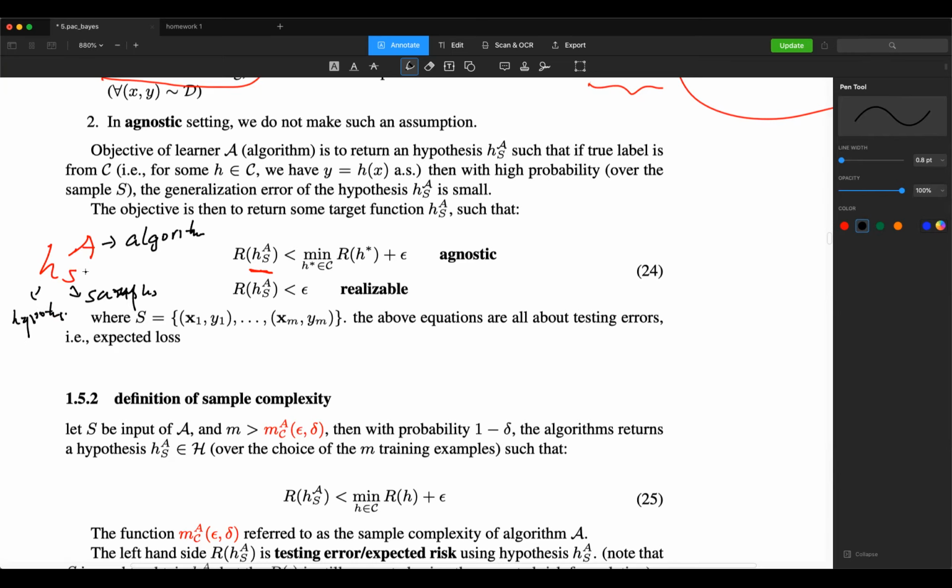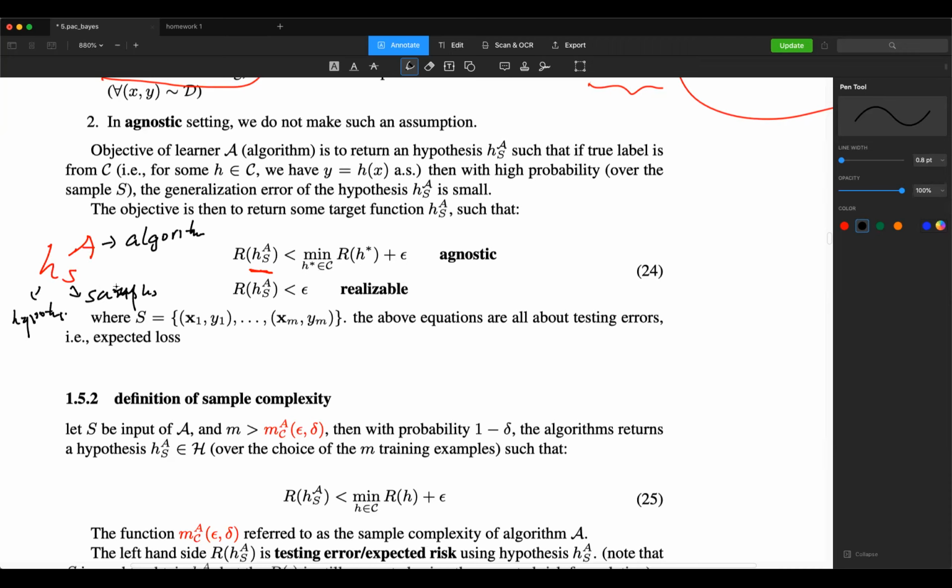We just talked about this 2 hours ago. What this means is you are using that algorithm, like gradient descent, and applying it on this sample in order to obtain a hypothesis, the best hypothesis you can learn using this algorithm from this sample.